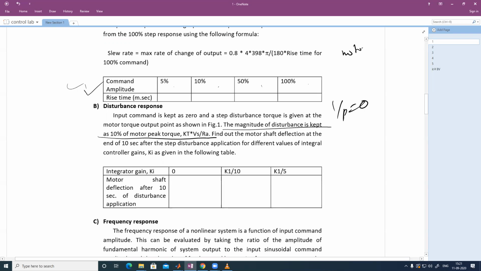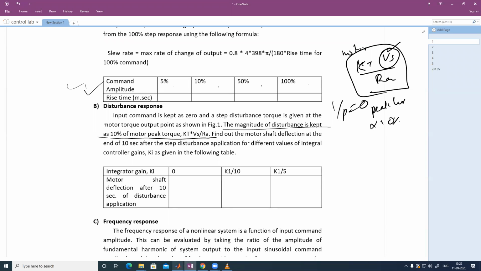Motor peak torque is KT into VS by RA. This is the maximum torque. The maximum voltage multiplied by KT will give you the peak torque. So 10% of that is the disturbance input.